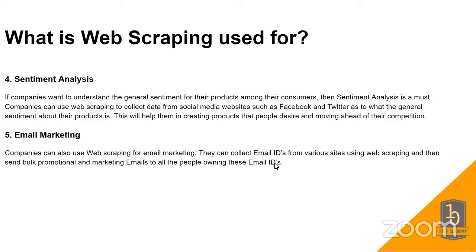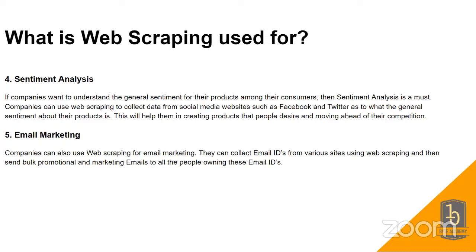So what happens here is, suppose we continue with the beauty company example, right? I have a company related to beauty products, and I want to market them to, let's say, big people in the beauty industry.